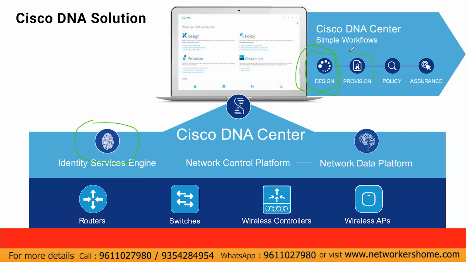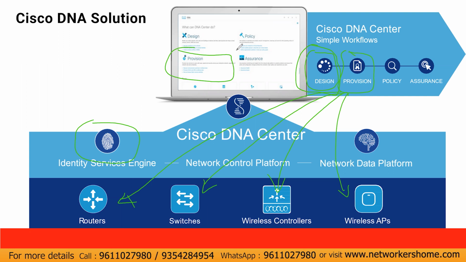In the provision part, this piece takes care of all the devices being managed from the DNA Center. The word I used is managed. So it is the configuration part. Everything is done from this specific option, provision, on the DNA Center's GUI.